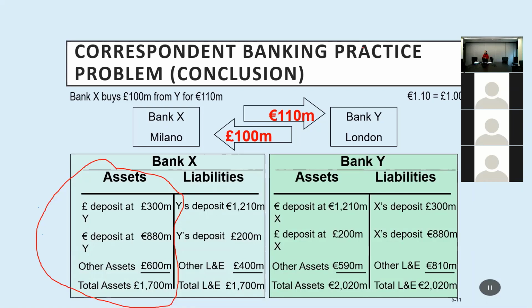Okay, so what do we think? Let's look at Bank X first. Through the group discussion, what do we think would happen to the assets of Bank X? With Bank X, we are receiving the pounds, and we are paying the euro to Bank Y. Does someone want to tell me what happened to their asset side?